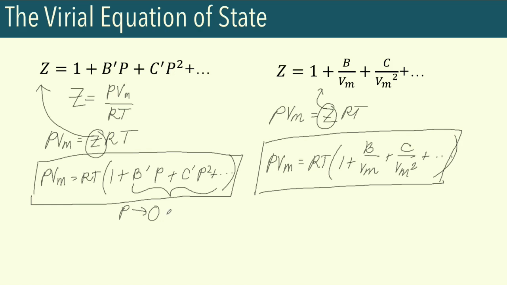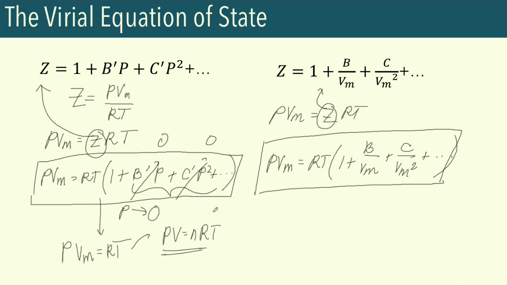When P approaches 0, this term approaches 0, this term also approaches 0, and ultimately our equation reduces to the ideal gas equation of state. Since molar volume is, recall, just volume over number of moles, you could also write this as PV is equal to nRT, our ideal gas equation of state.